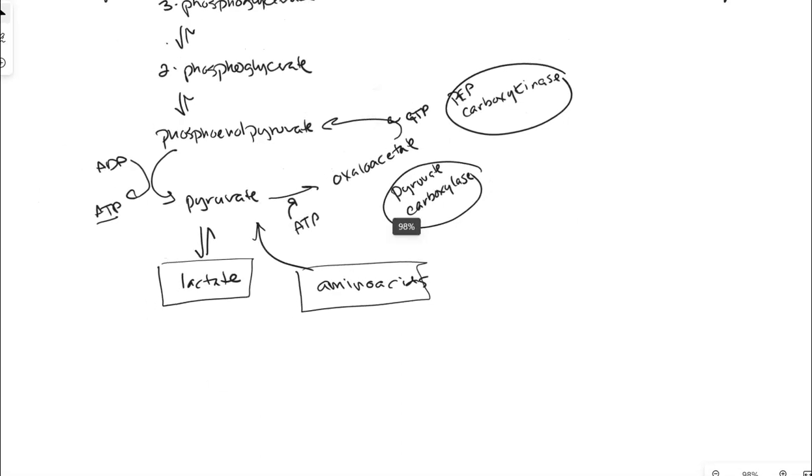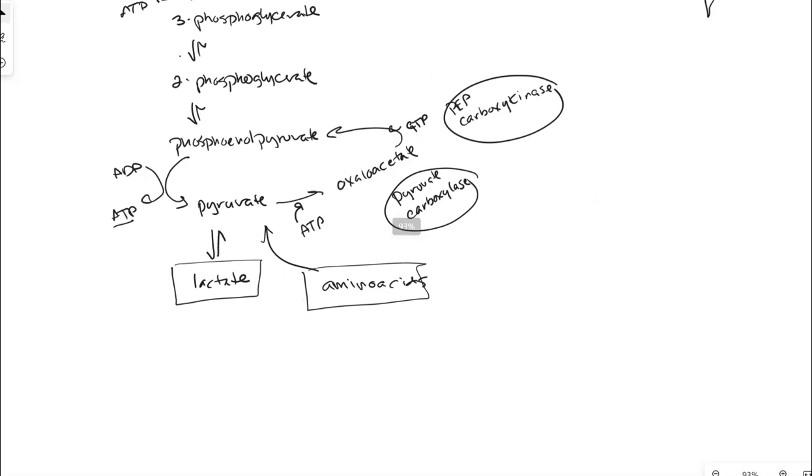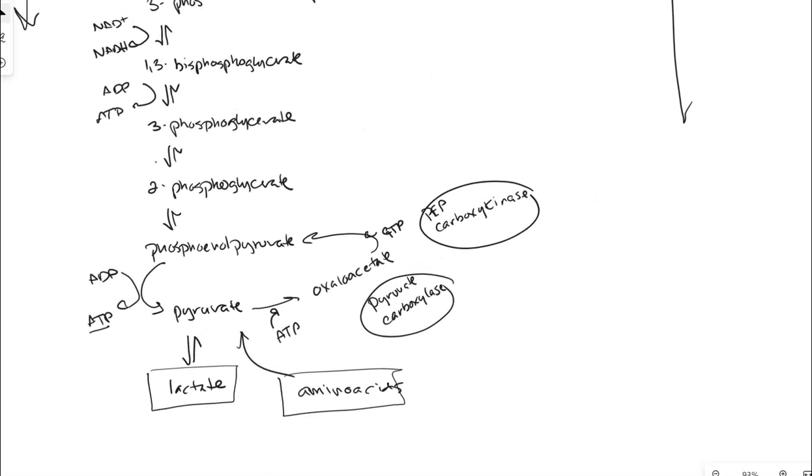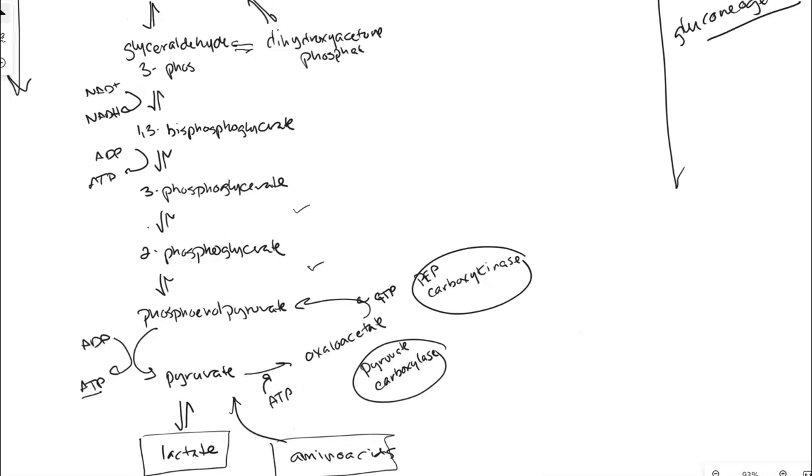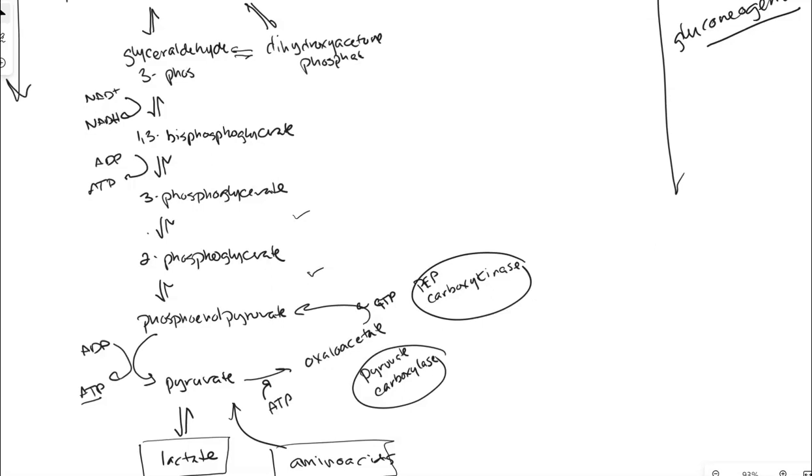And now, once we've got these two expensive steps, notice we're dealing with reversible processes, including the step from 3-phosphoglycerate to 1,3-bisphosphoglycerate.